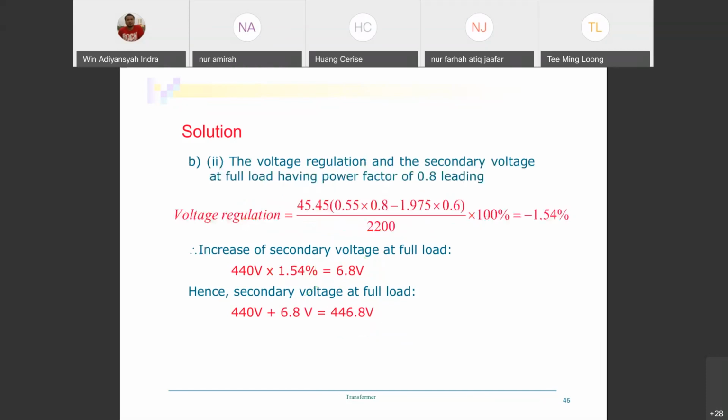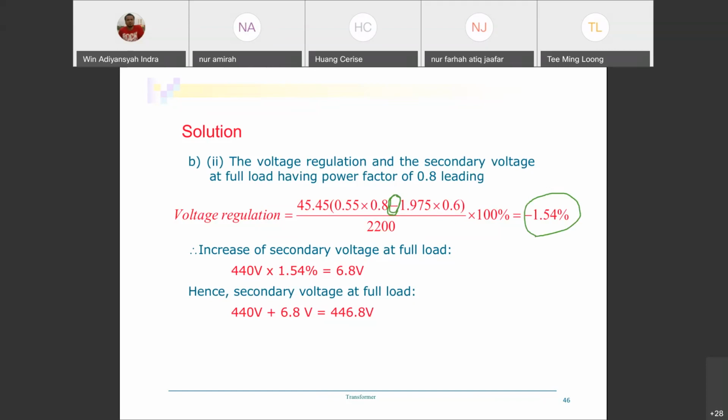Okay, next is, okay, just now is lagging. Is lagging. Now is leading. What about leading? The difference, if you check the formula later, the difference is in this one. In lagging is plus, in leading is minus. Right. So you will get this one.